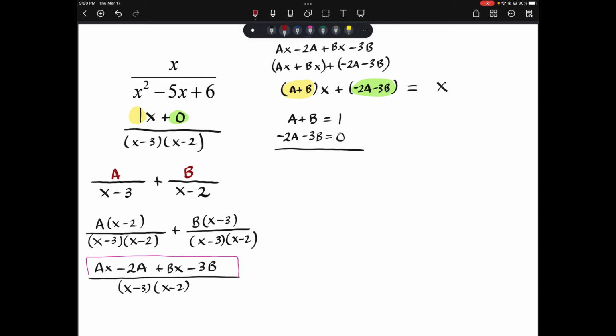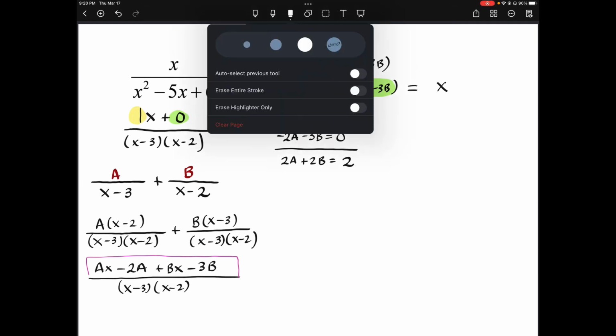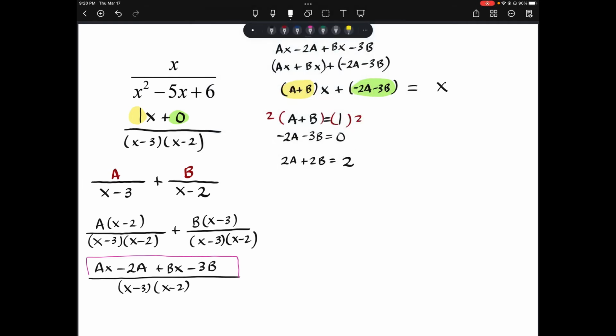So if it's me, I would just take it and multiply the top by 2. So we're looking at 2a plus 2b is equal to 2. Actually, I guess I didn't need that in there. Let me get rid of it real quick. Right, and then we'll just redraw it below. So the a's are going to eliminate.